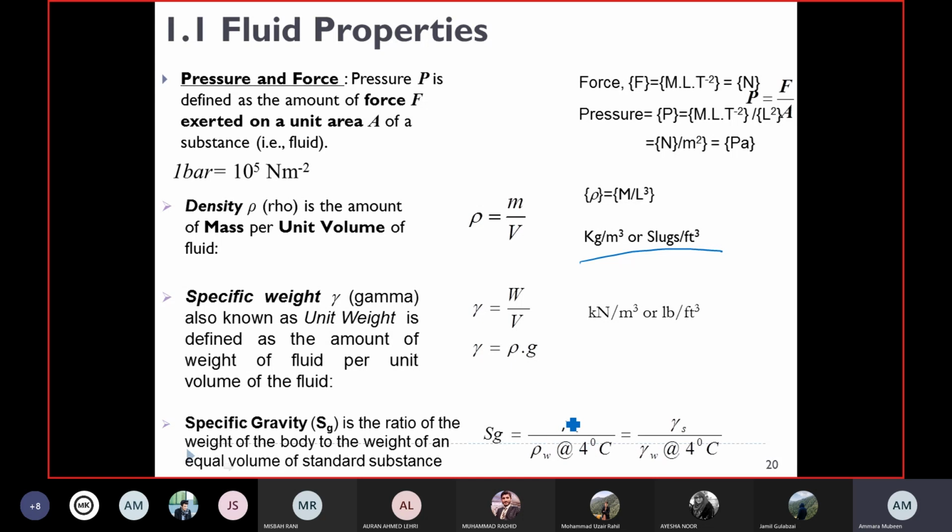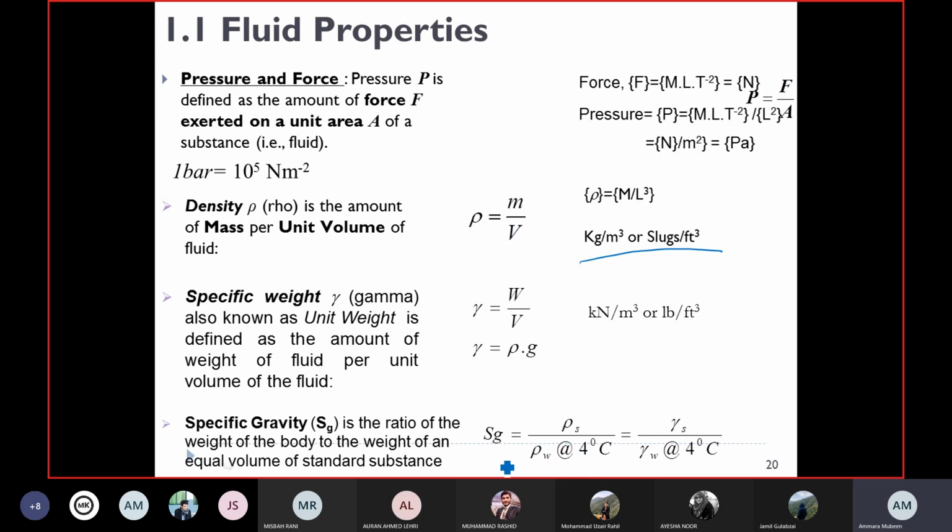Okay. And what are the ratios? What is in the denominator and what is in the numerator? In the numerator is the density of the fluid which is under consideration, for which you have to calculate the specific gravity. Okay, and in the denominator there is some standard substance.